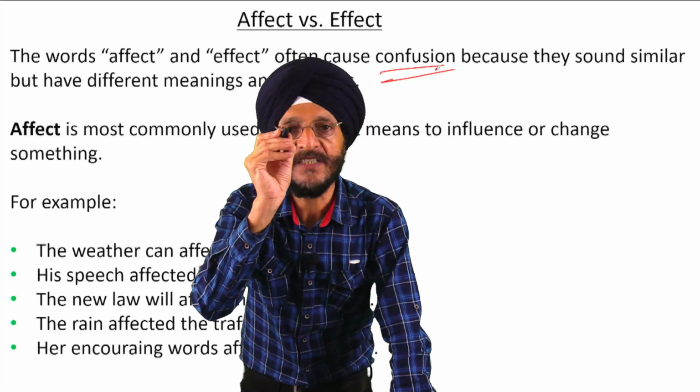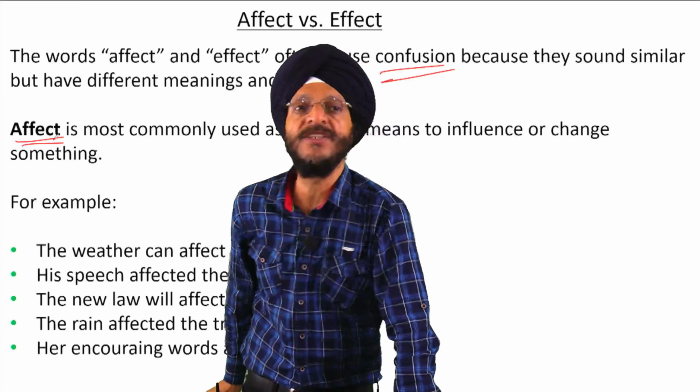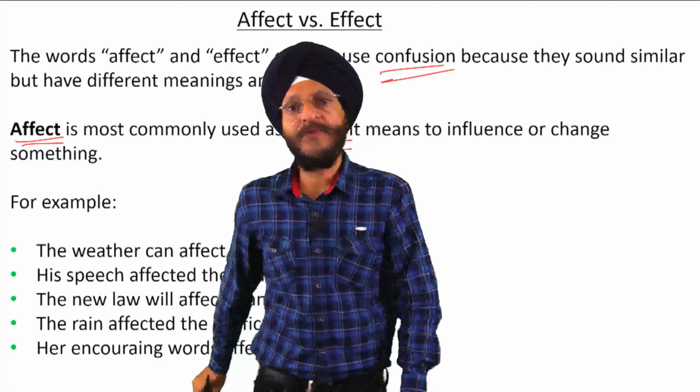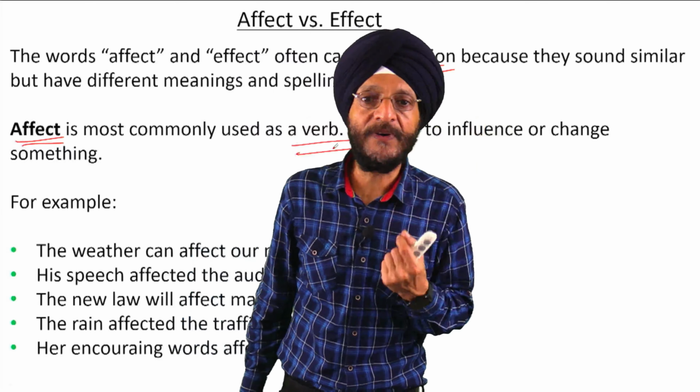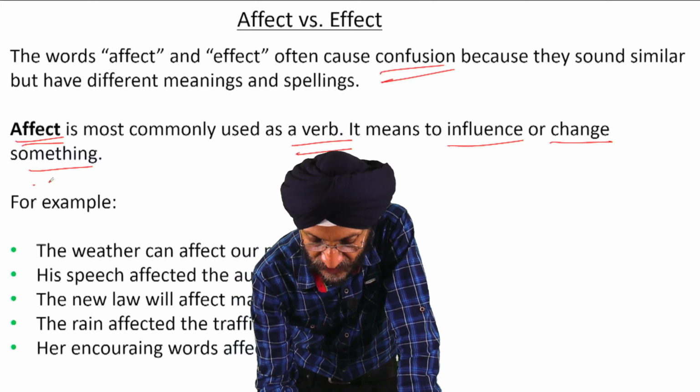Now we will first discuss affect, which starts with A double F E C T. It is commonly used as a verb. What is the meaning of affect? It means to influence or change something.